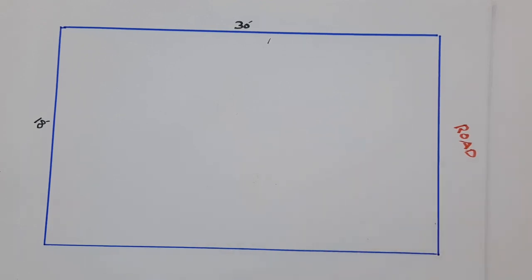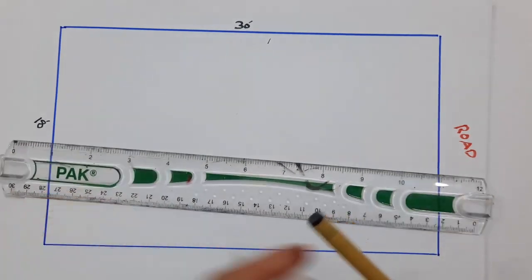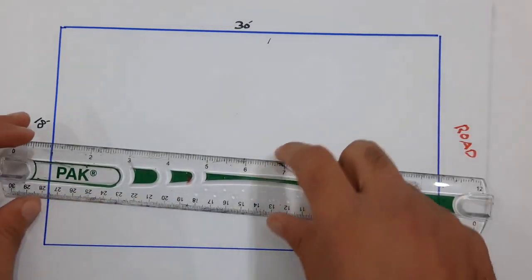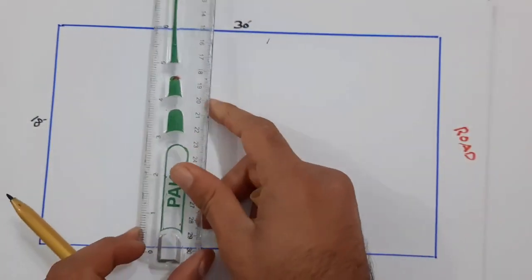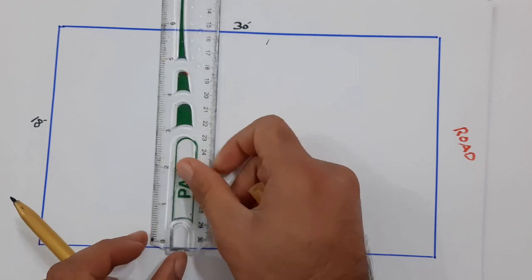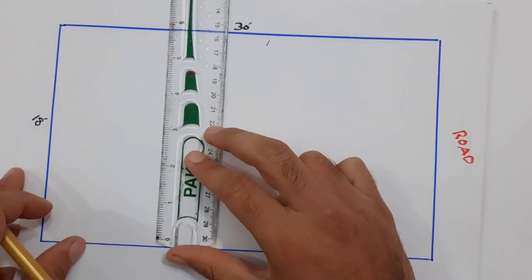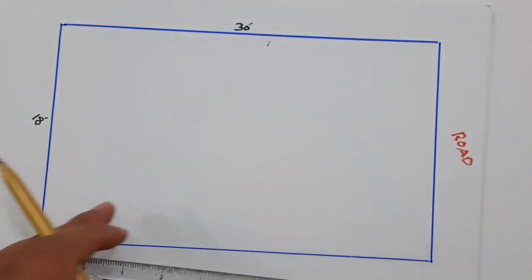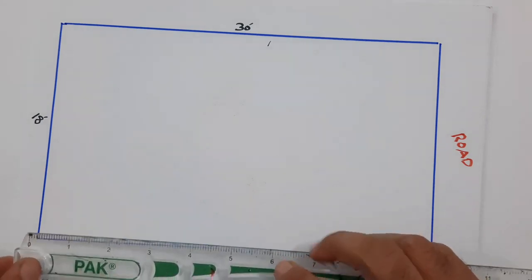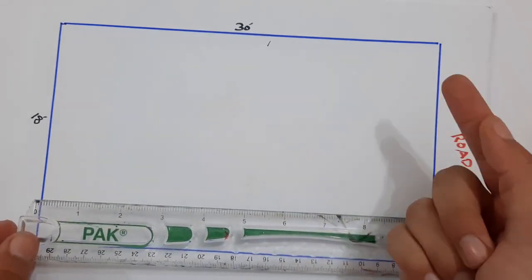So here guys, I will make a bedroom which size will be 10 by 10 feet. So for 10 by 10 feet I will make 3.5 inch. 3, sorry, here it should be, because this is a scale, so 1 inch is equal to 3 feet.